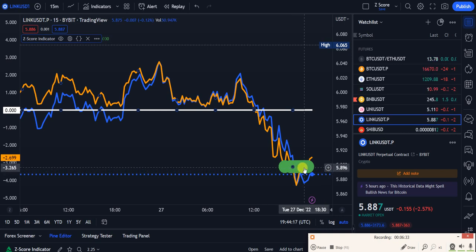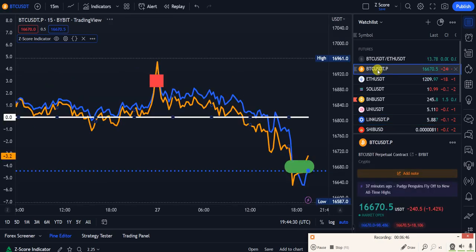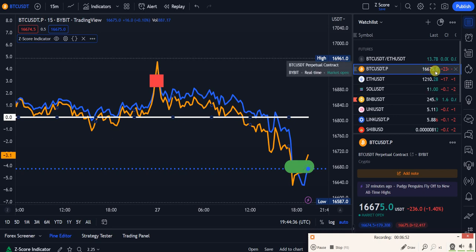And we are now at 588. So you see the price, even though you got long in here, still went down to 587, 588. You wait for it to play out and go up. And let's see the Bitcoin, because now I see the price is a little higher. 16,675.